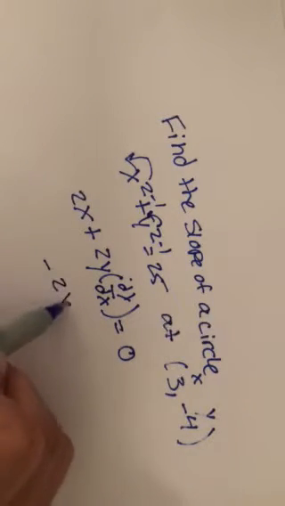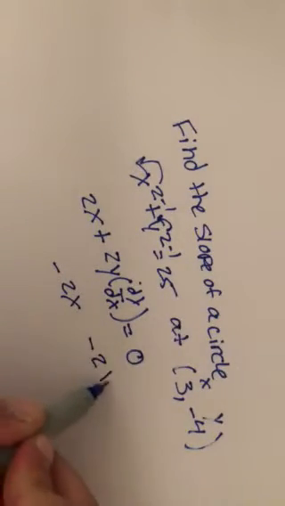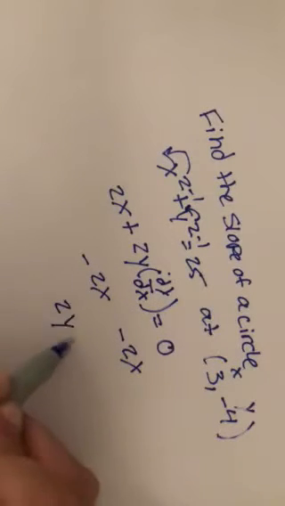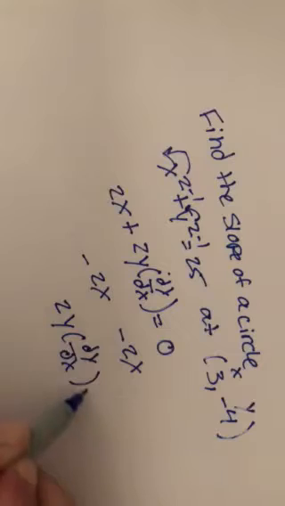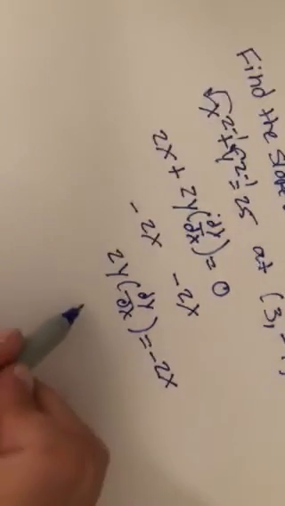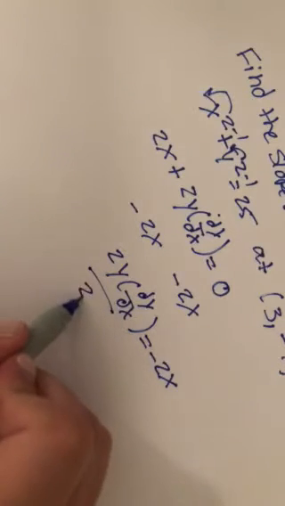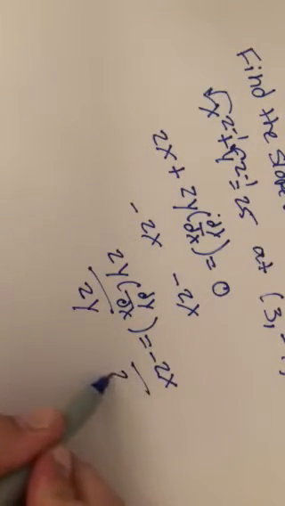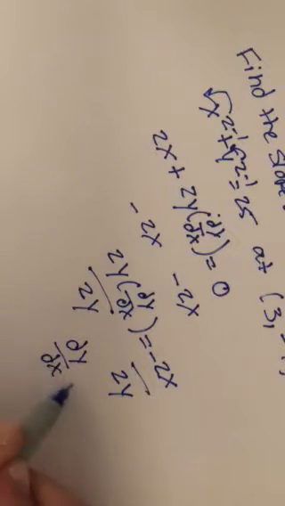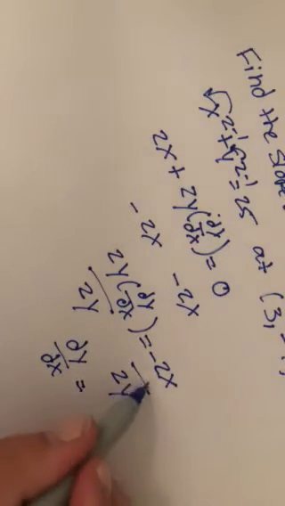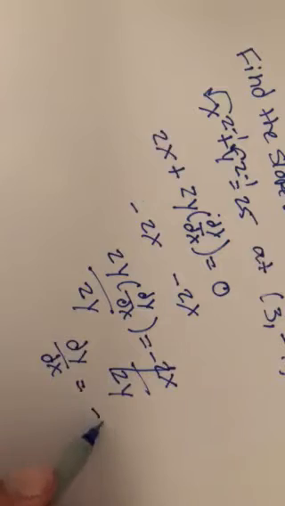So we subtract 2x from both sides, and we get 2y dy over dx is equal to negative 2x. Then we can divide both sides by 2y, and we have dy over dx is equal to, the 2's cancel, negative x over y.